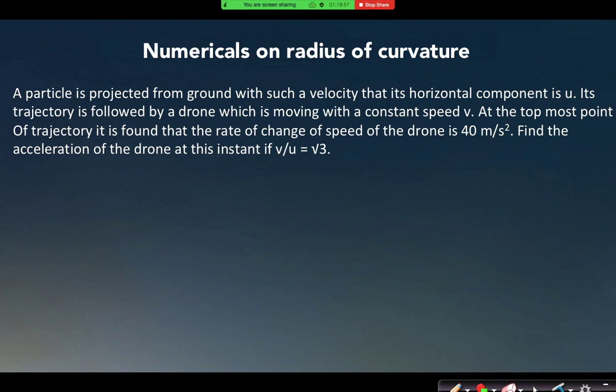One second. I think there is some problem in this question.